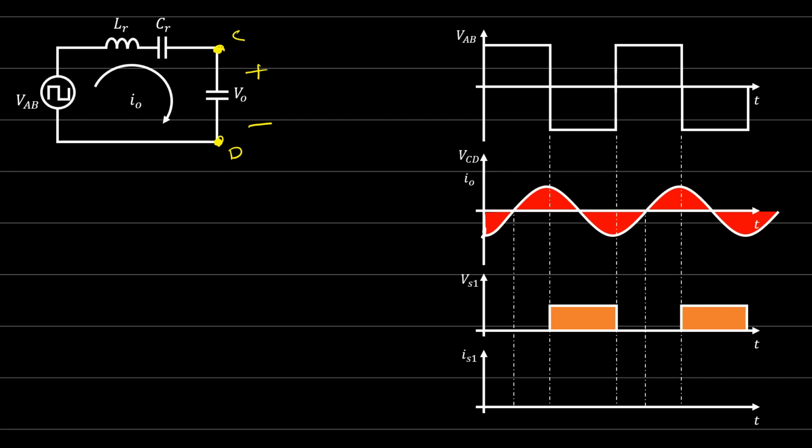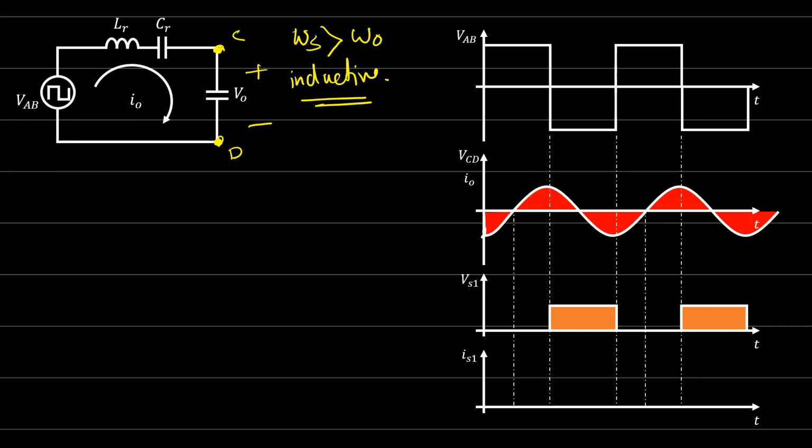Of course, when the current is in phase with the voltage, then we operate at resonant frequency. Now let's say that the switching frequency is greater than the resonant frequency. So we have an inductive load, so the current is delayed.